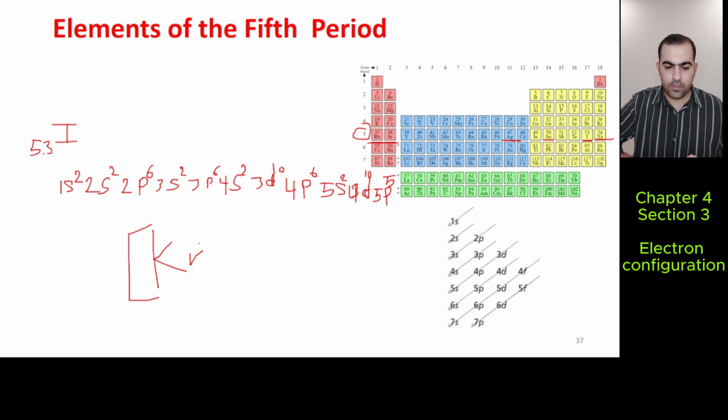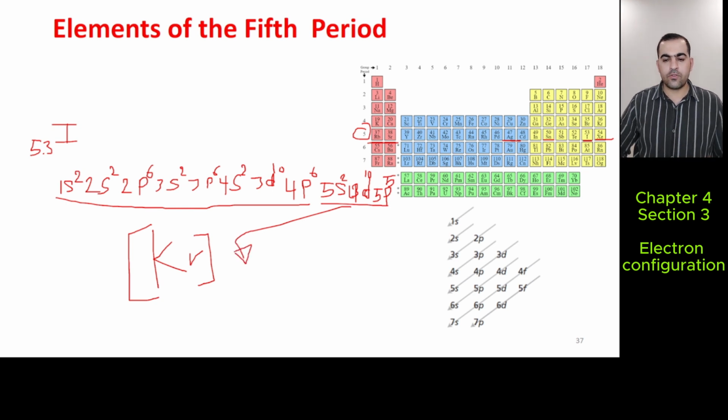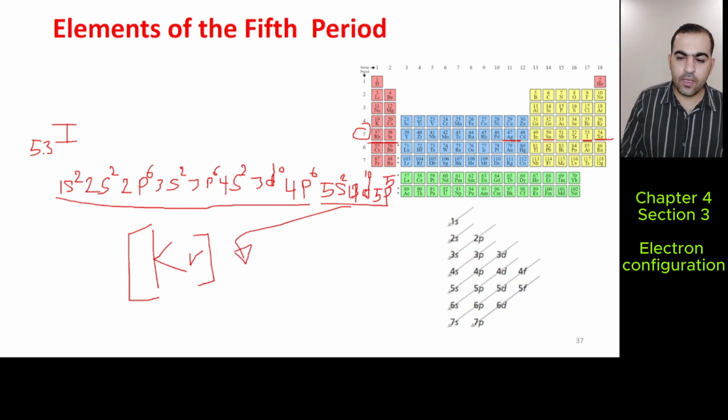Krypton's atomic number is 36, which goes until 4p6. After that I write 5s2, 4d10, and 5p5.